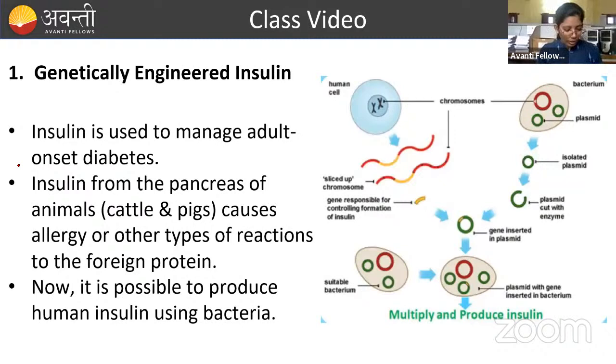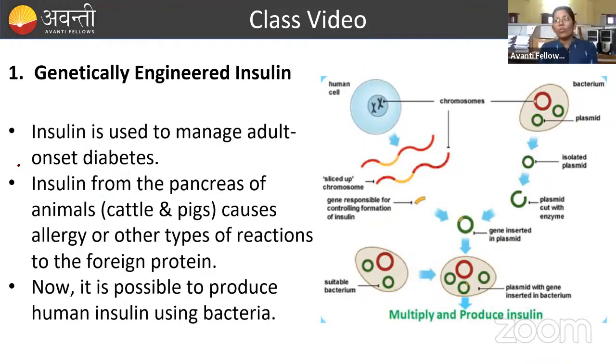Whenever we talk about insulin, the one thing which flashes in our mind is the disease for which we take insulin, that is diabetes. Out of three homes, every two homes will have a patient with diabetes, right?